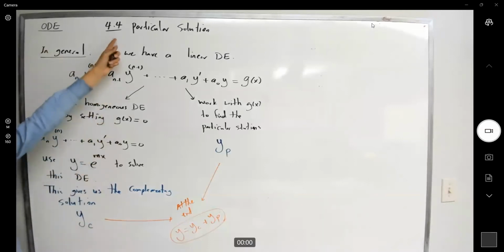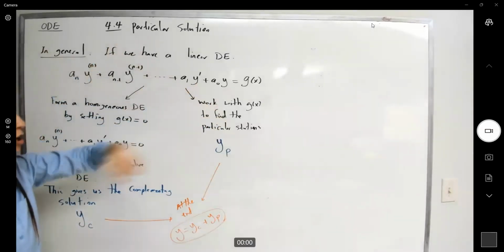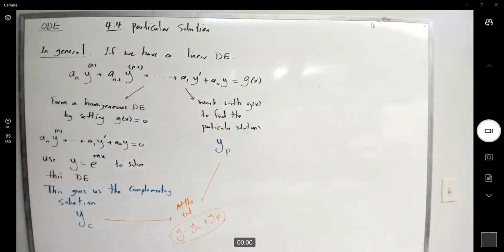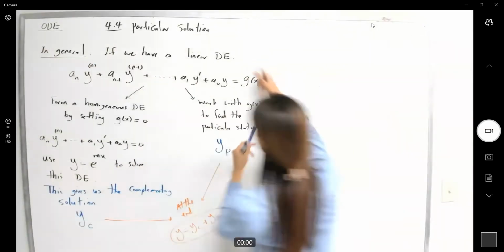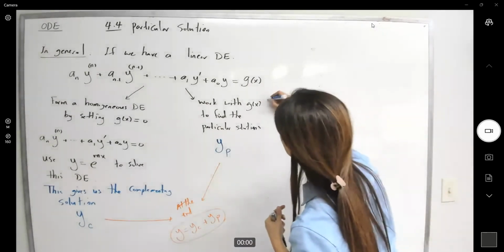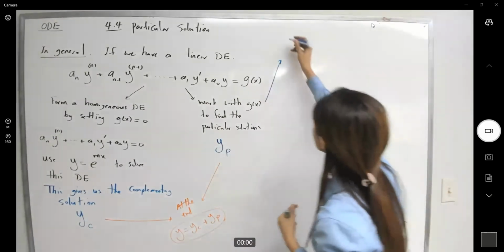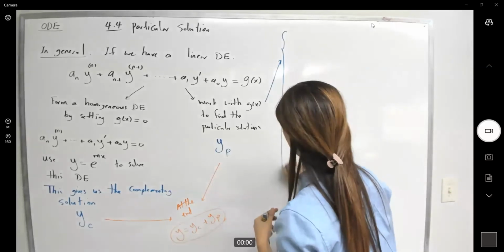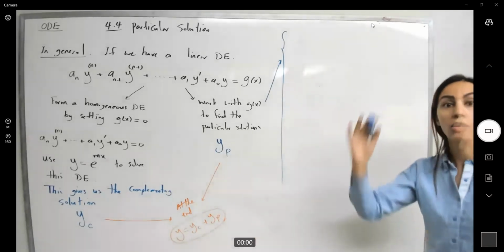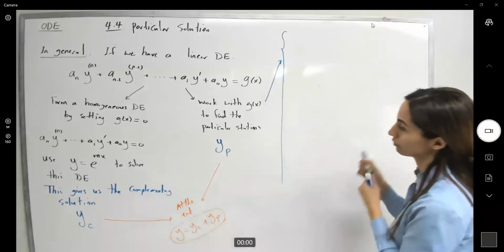In 4.4, we're just going to focus on g of x. Very good. So if your g of x, this is what we're going to discuss. It's a long list. You need to know all of them.